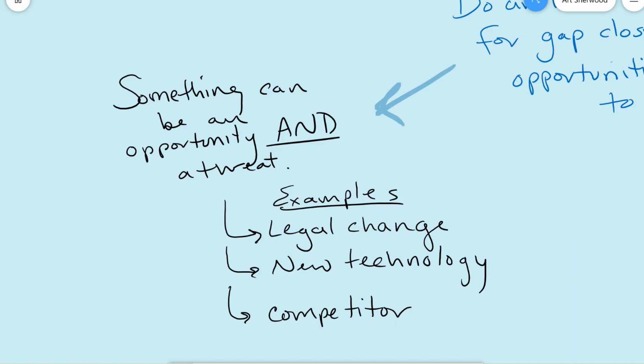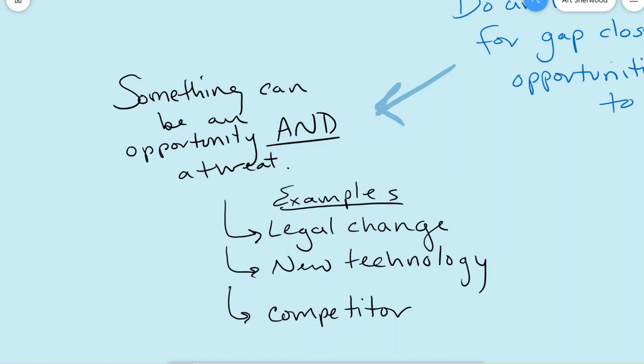A lot of vehicle manufacturers, for example, look at gas mileage legal changes coming down the road, and they start redesigning their engines for better gas mileage ahead of the legal requirement coming, so that they can get out ahead of it. And so that's an opportunity for them getting ahead.